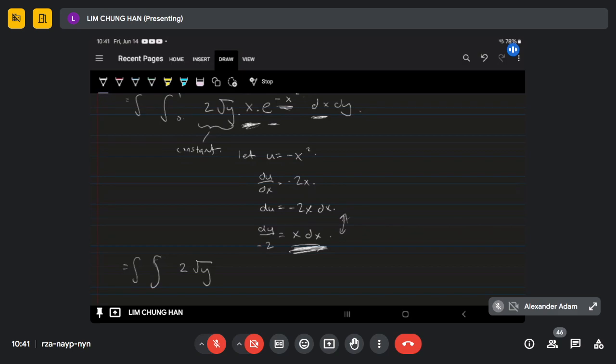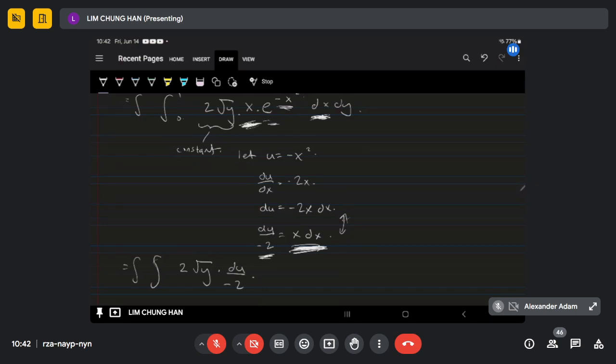So now what do you write at the back? Well, we know x dx is du over negative 2. So I write du over negative 2 here.